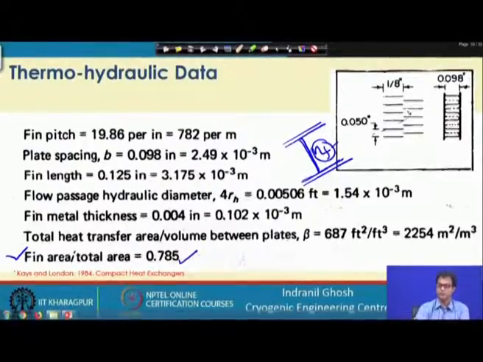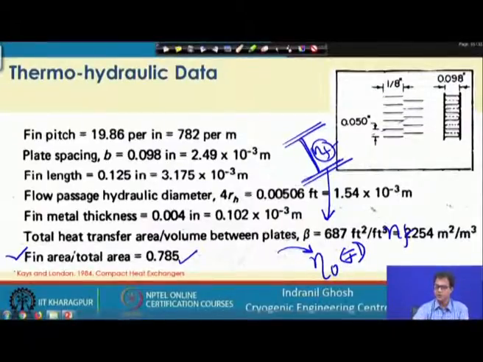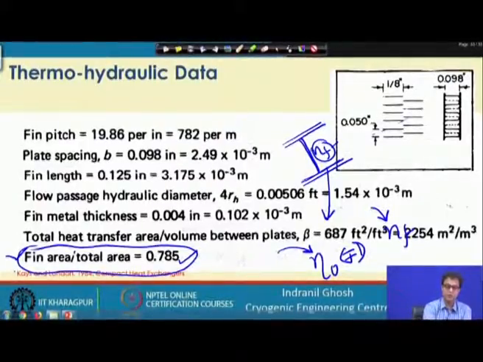So, we will correlate it with eta 0, the overall fin efficiency, and they are correlated by the fin area by total area, A f by A. So, that we will come across.